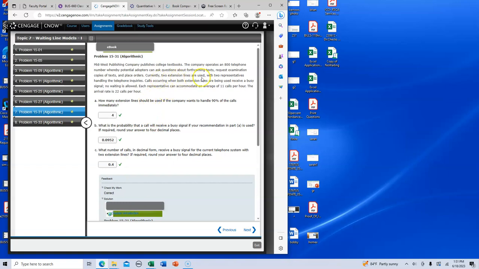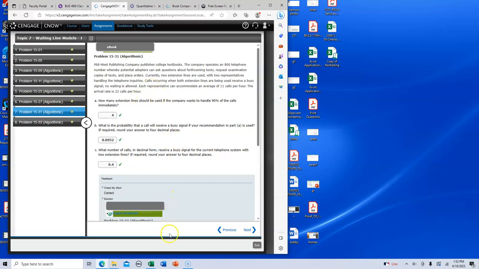Currently, 2 extension lines are used with 2 representatives handling the telephone inquiries. Calls occurring when both extension lines are being used receive a busy signal. No waiting is allowed. Each representative can accommodate an average of 11 calls per hour. The arrival rate is 22 calls per hour.